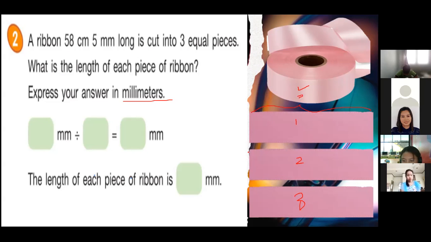So we don't know the length of each piece. That is the one that we will be looking for. Now, it said here, express your answer in millimeter. So the given is 58 centimeter and 5 millimeter.